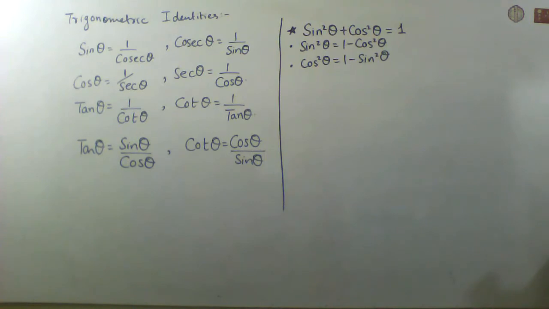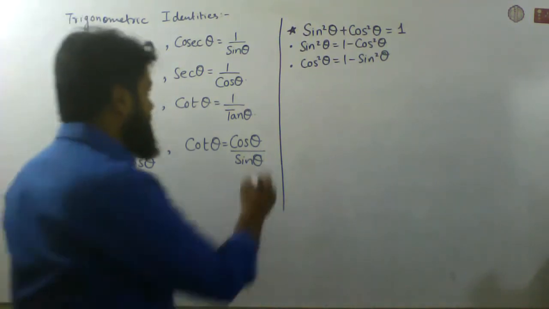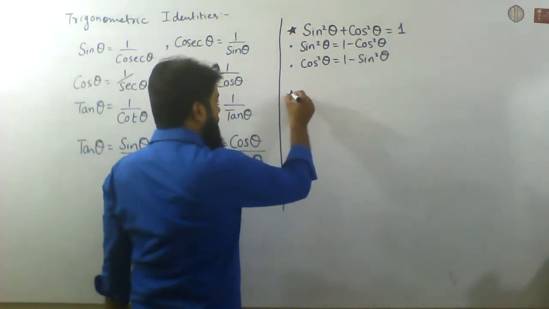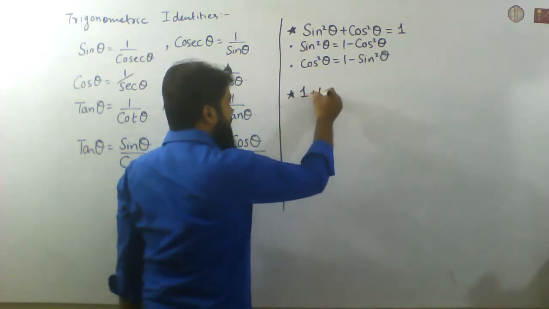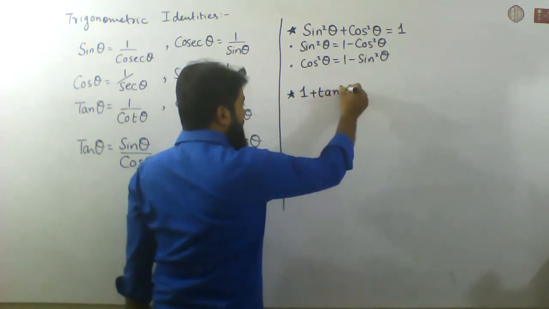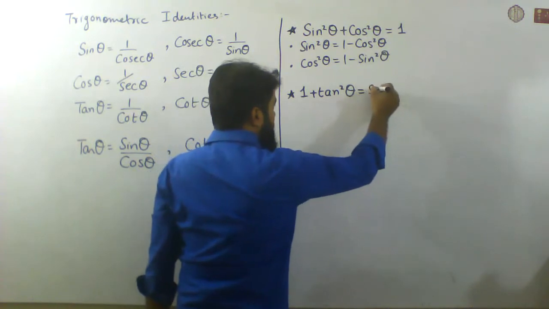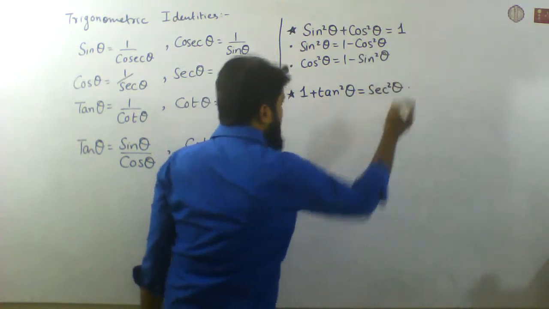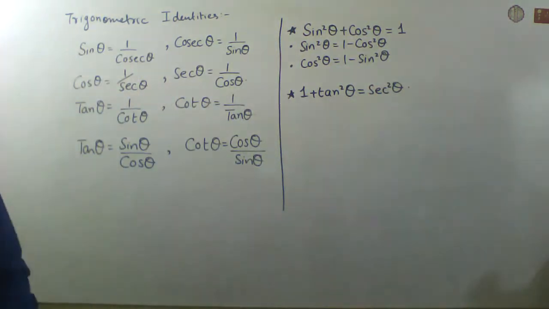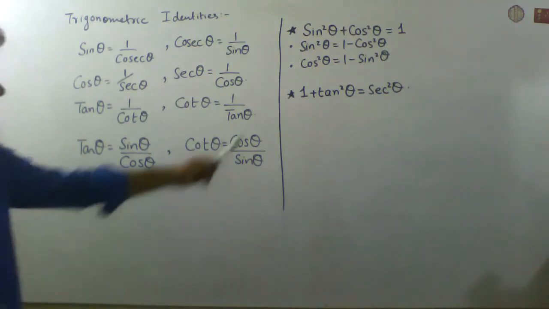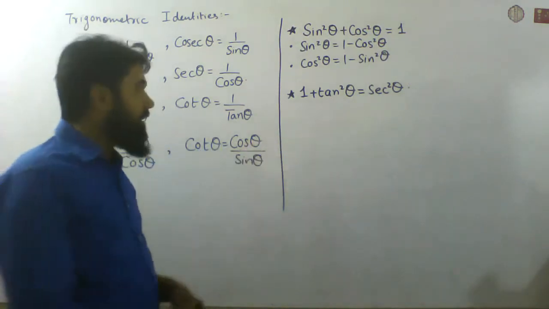The second one is 1 plus tan square theta equals sec square theta. That is another squaring identity.